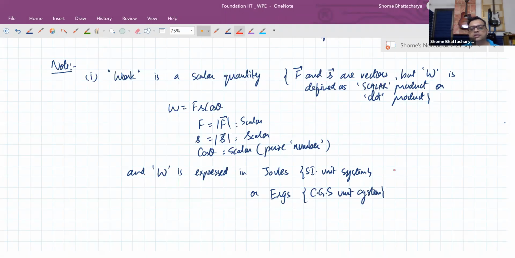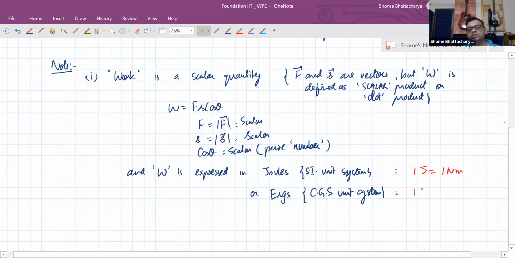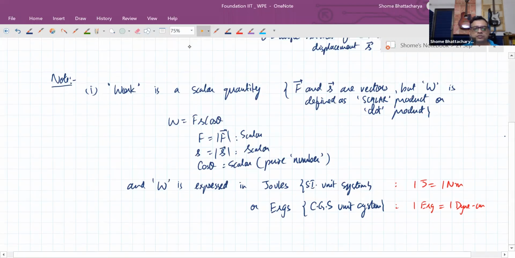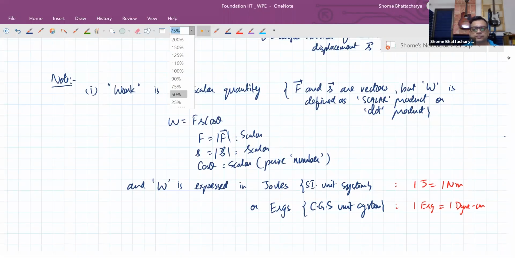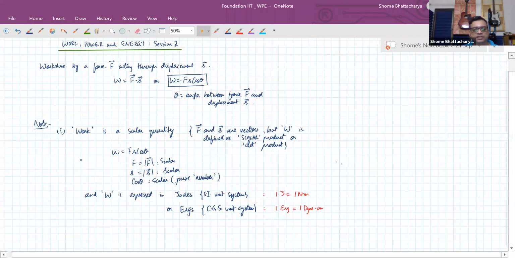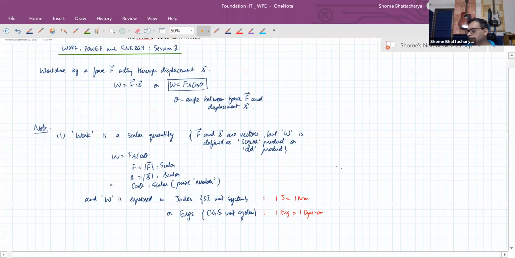So to that end, 1 joule is equal to 1 Newton meter, and 1 erg is equal to 1 dyne centimeter. So just make a quick note of this point, then we'll move forward. Definition of work done you already saw last time. This important point here, just make a note of this first.